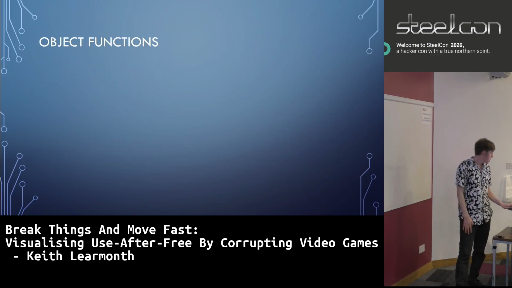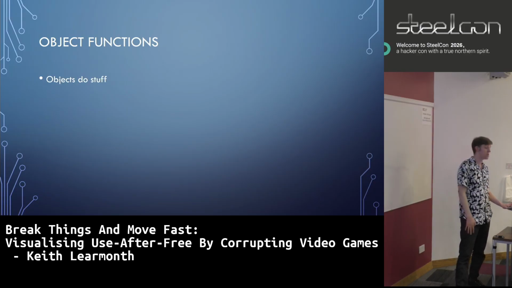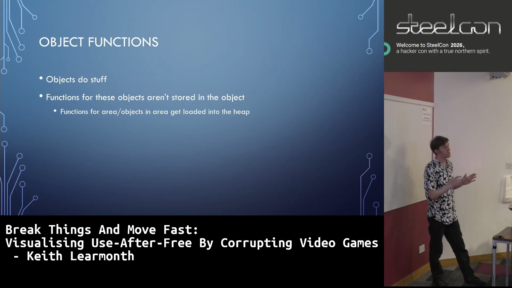So we mentioned that the objects have functions. They do stuff. Each object does a number of things. The functions for those objects are not stored in the object itself. So, that skull token, any functions it has, are not within that chunk of memory that was allocated for it.